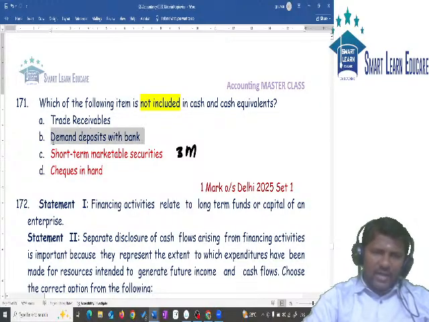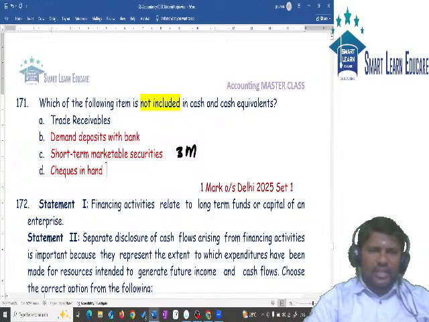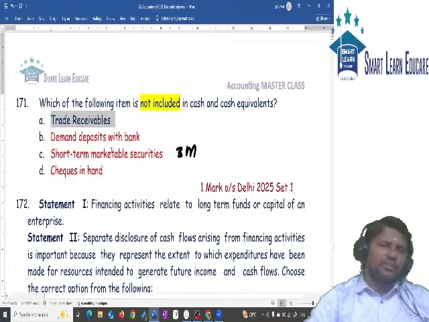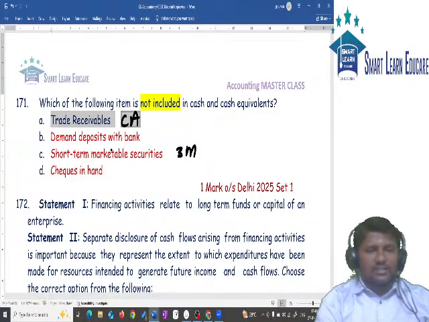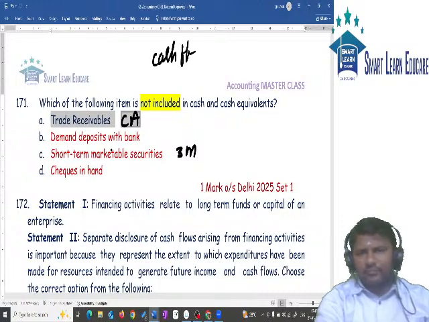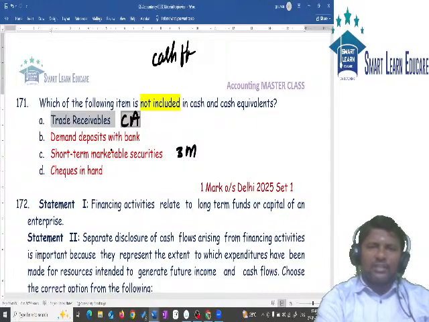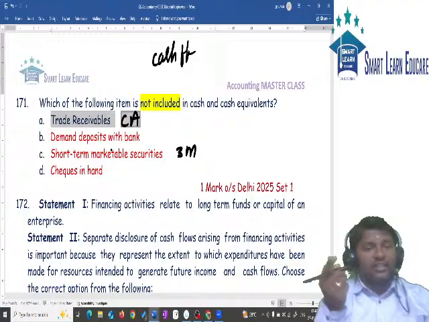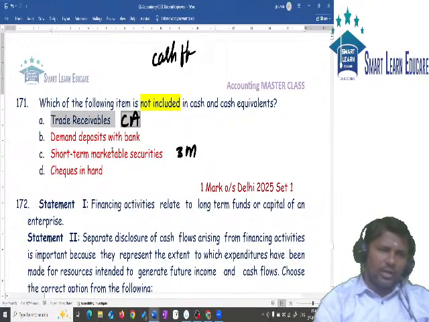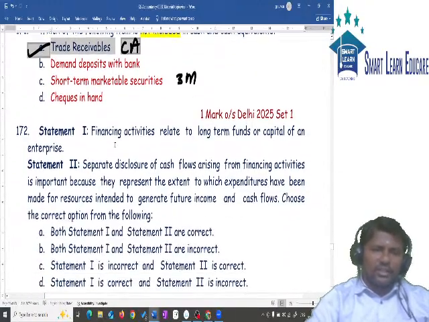Demand draft, bank DD, is also treated as cash and cash equivalent. So the answer is trade receivable. Trade receivable is a current asset. This will come under cash flow from operations, in the changes in working capital segment. So the answer for this question is option A.